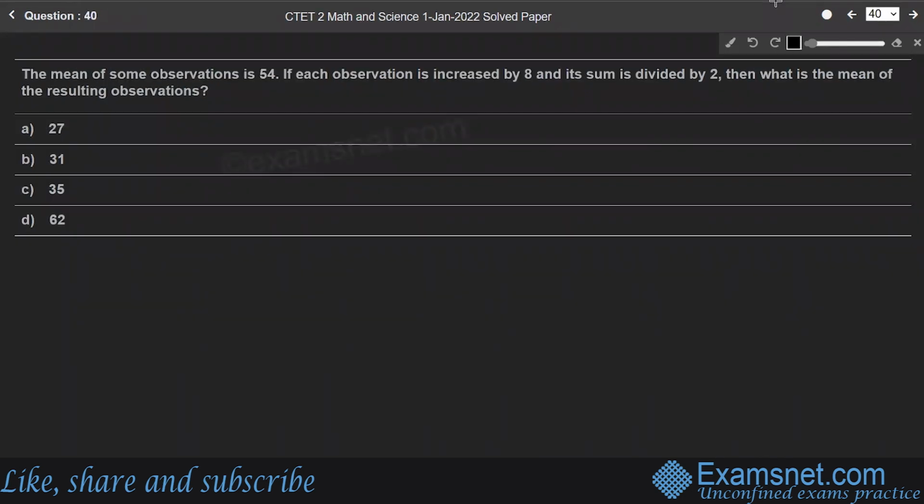Question number 40. The mean of some observations is 54. If each observation is increased by 8 and its sum is divided by 2, then what is the mean of the resulting observation? So given, mean of some observations is equal to 54.